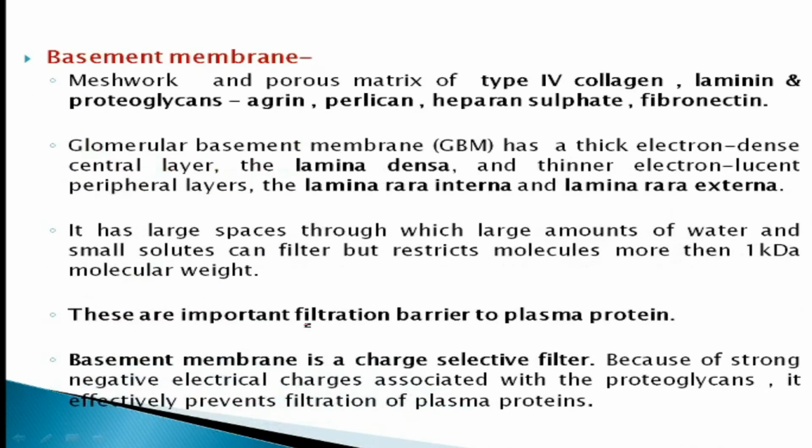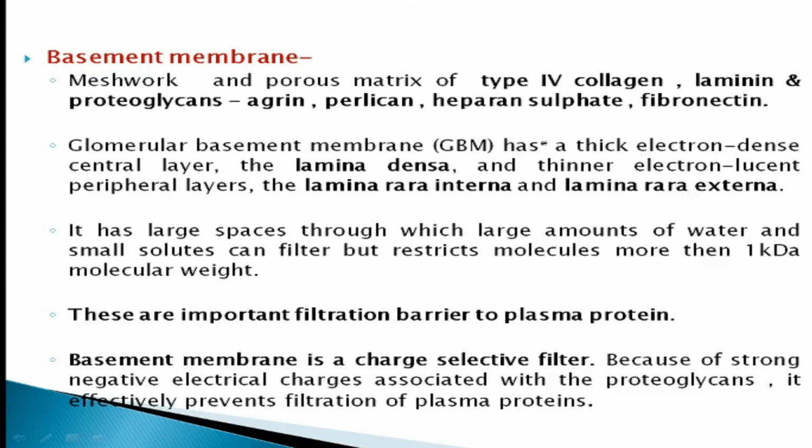Alright, the next layer after the glomerular endothelial layer is the glomerular basement membrane. The basement membrane on which the glomerular endothelial cells rest is made up of type 4 collagen. Again, something which you should not forget at all.